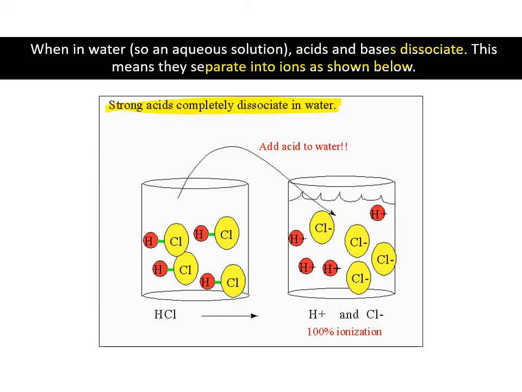HCl is a strong acid, and when it's in water, it will split into hydrogen and chlorine, and all the HCl will split apart. It will completely dissociate. There will be no HCl together when in water. It's important to note every acid is aqueous. They're always in water. So this is what happens. You get H's and Cl's.